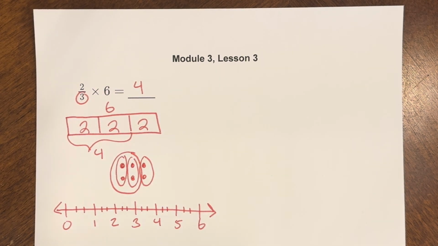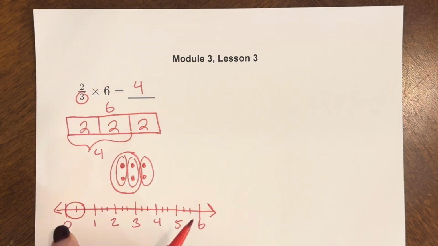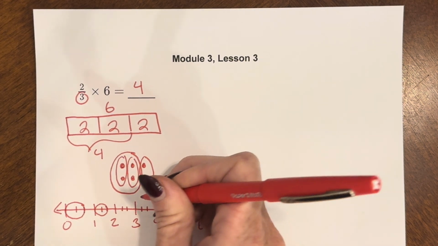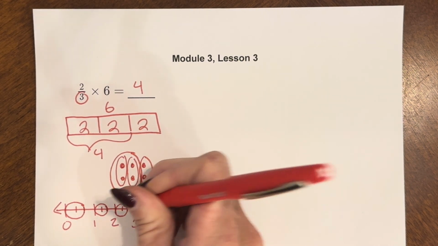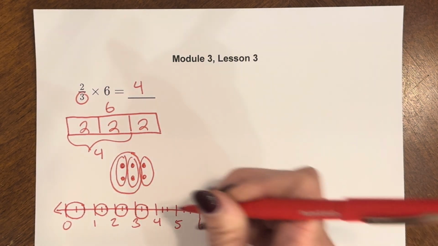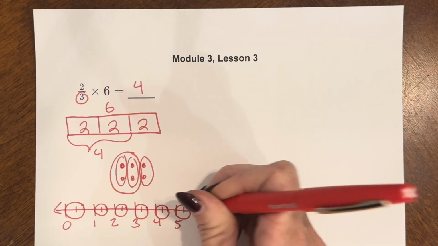So each whole I cut into thirds, and then I have 2/3 of each whole. So for this one, I would have those 2/3. From 1 to 2, I'd have those 2/3. From 2 to 3, I'd have those 2 pieces or thirds. From 3 to 4, I'd have those. From 4 to 5, and from 5 to 6.